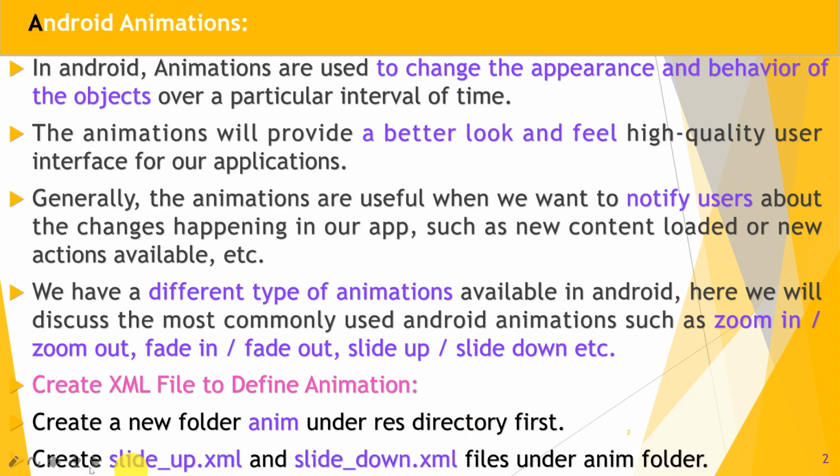Then create slide_up.xml and slide_down.xml files under the anim folder and write the animation definition inside the slide up and slide down XML files. First we will see the slide up and slide down animation effect on our image view. And then we will see fade in, fade out or zoom in, zoom out effects also.